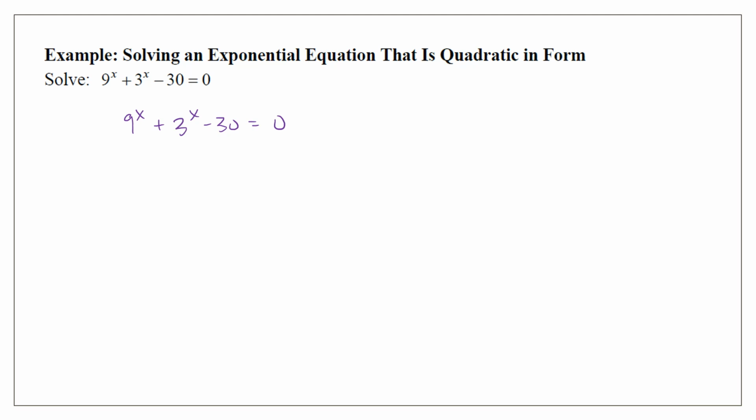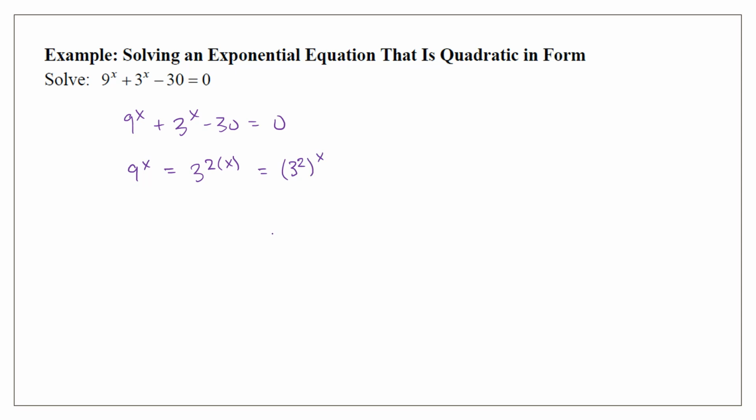Well, 9 to the power x is equal to 3 squared to the power x. So 9 is equal to 3 squared, times x. We can also write it as 3 squared to the power x.